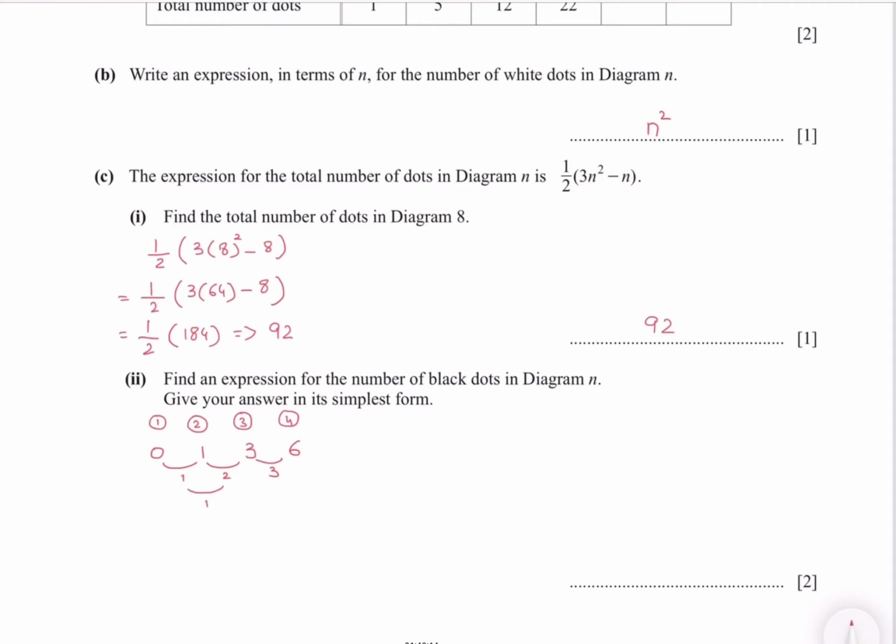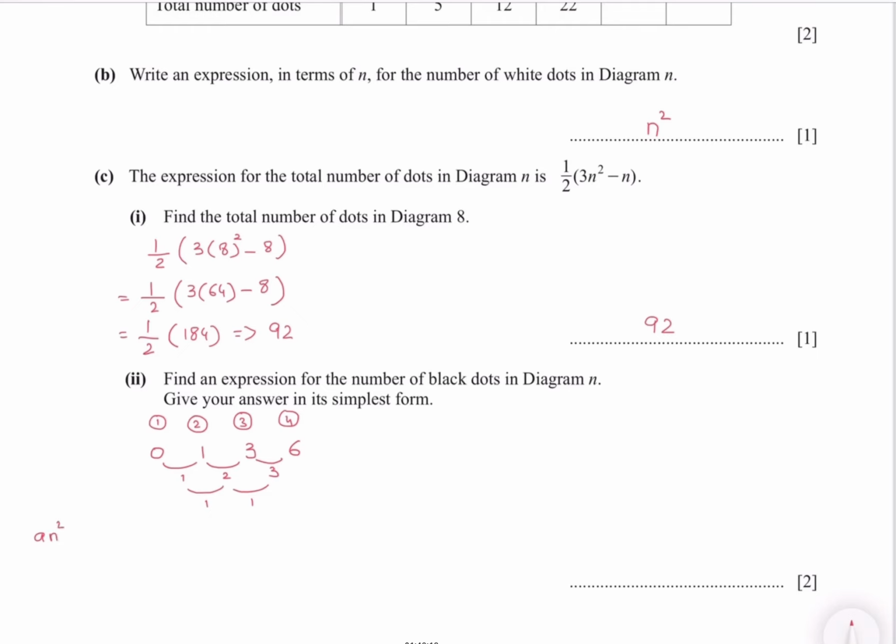So again find the difference of the difference. 2 minus 1 is 1, 3 minus 2 is 1. So whenever you see that the difference of the difference is constant, meaning you are getting the same values, like 1, 1 here, it means this is a quadratic sequence.